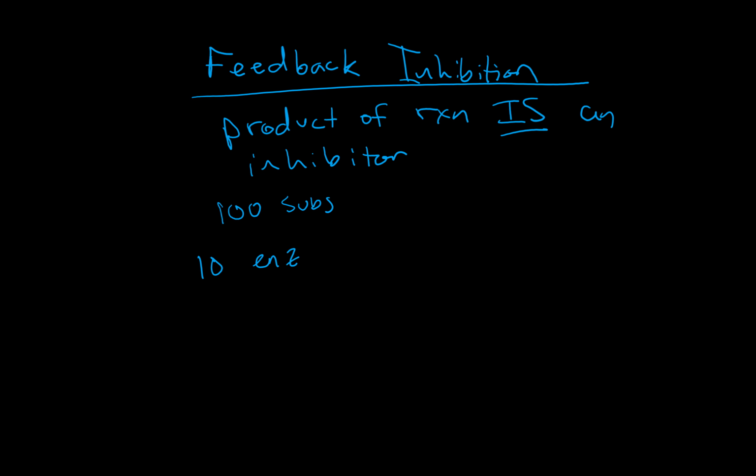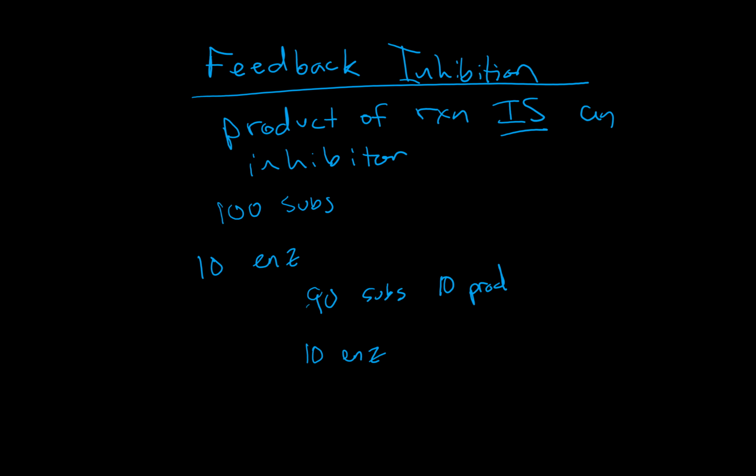The more product you get after one cycle, you'll have 90 substrate, 10 products, and 10 enzymes. And you'll start getting this 9-to-1 chance that a substrate versus an inhibitor will bind.